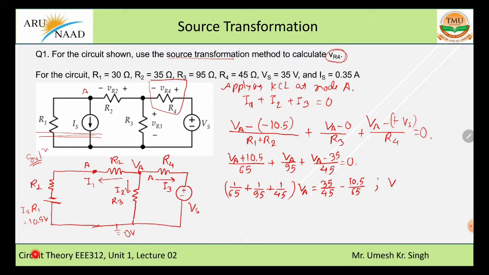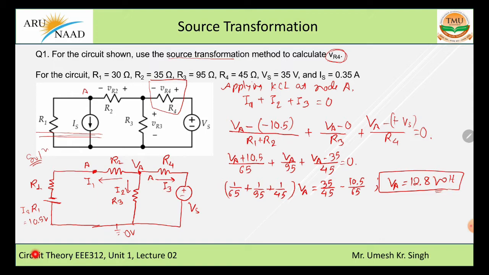When you solve, you will get that VA is 12.8 volt. If any student doesn't have a calculator, then he can simply solve by taking the LCM and cross multiplying these factors. And now we have to calculate the VR4.